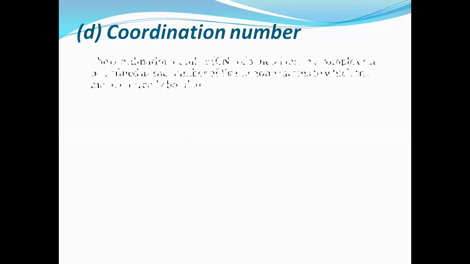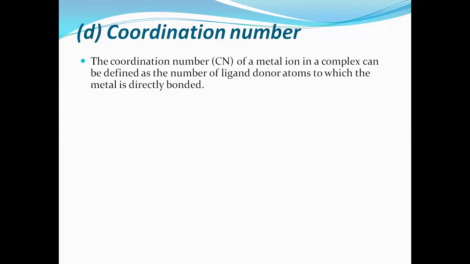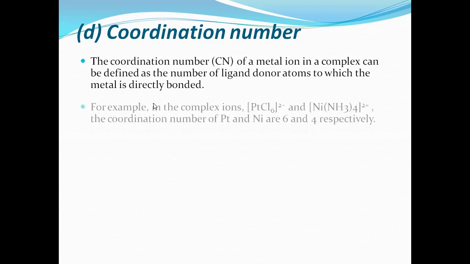Now we can move on to the coordination number. What is coordination number? The number of the ligands present around the central metal atom is called coordination number. That is, the coordination number of a metal ion in a complex can be defined as the number of ligand donor atoms to which the metal is directly bonded.